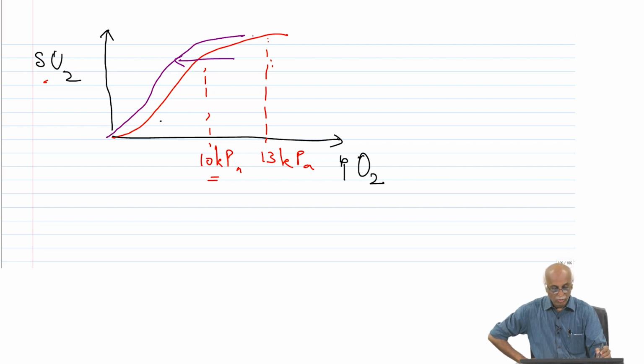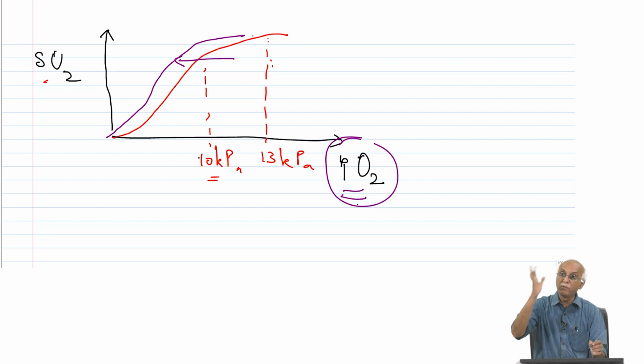So what will happen when it shifts? You can imagine that the actual amount of oxygen associated with hemoglobin decreases. The curve has shifted to the left side, so the actual partial pressure of oxygen in hemoglobin decreases; it gets coupled with carboxy molecules.